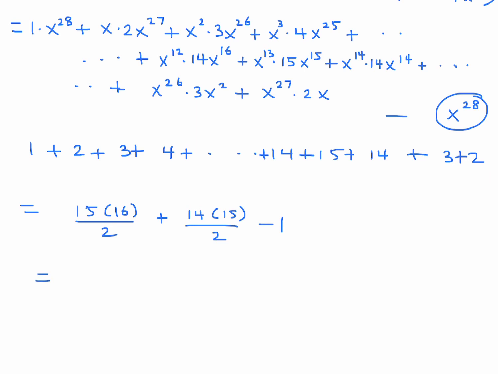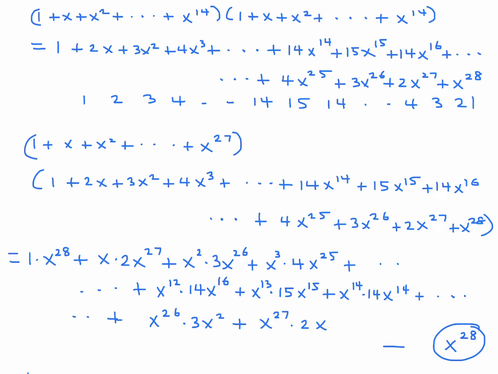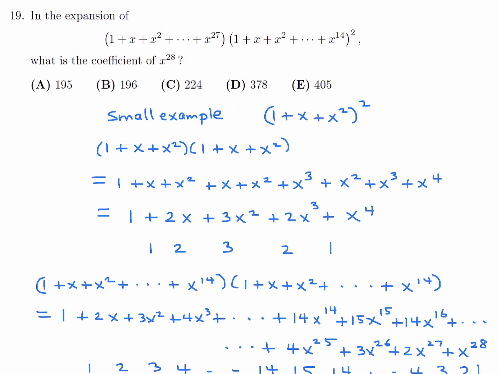So this looks like 8 times 15, so that's 4 times 31, 120. And this looks like 7 times 15, which is 105, and then minus 1. So that's 225 minus 1, so 224. And that is the coefficient of x to the power of 28. So number 19, the answer is C.